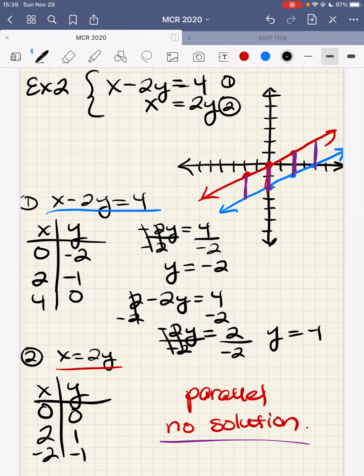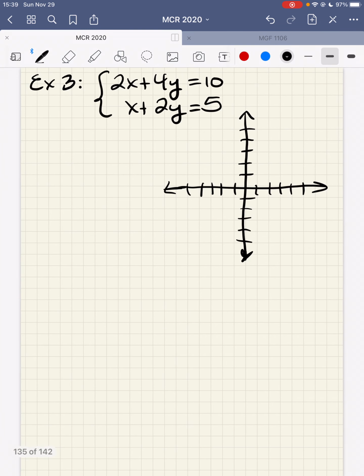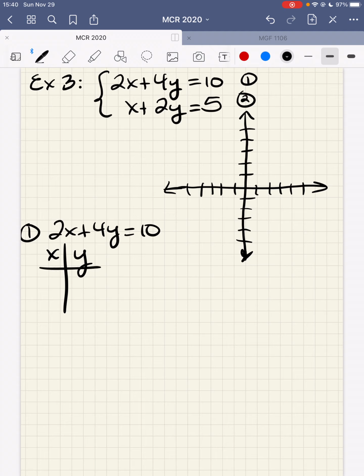All right. Let's look at example 3. So example 3, we have 2 equations. Again, I'm going to number them. Work with equation 1 first. 2x plus 4y is equal to 10. I'm going to use intercepts with this because I just don't want to deal with anything else.